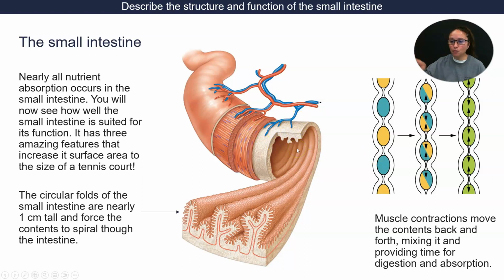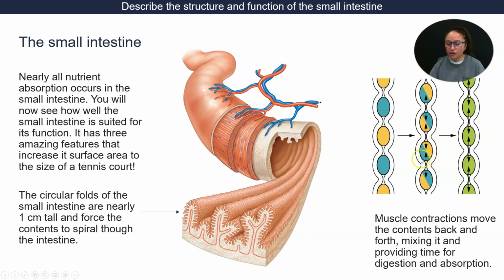Now, the small intestine, as you know, has smooth muscle. So not only do we whiz around as we go through, but the small intestine also contracts. Now look at what it does. It's not really contracting to move things along like peristalsis. It's actually contracting to mix things up.